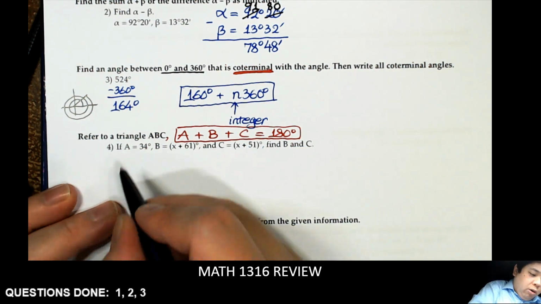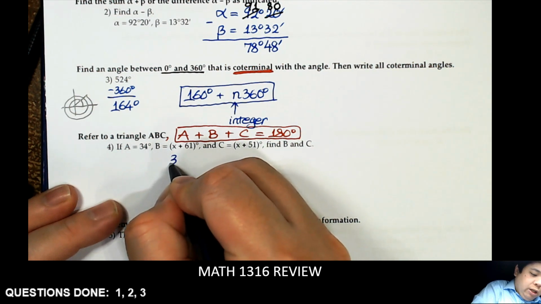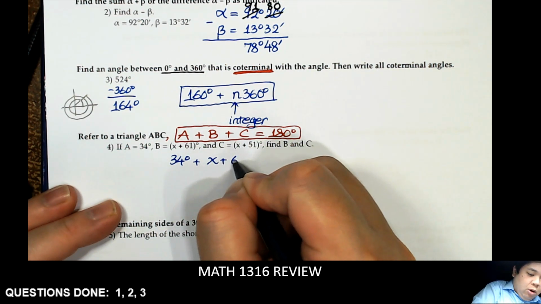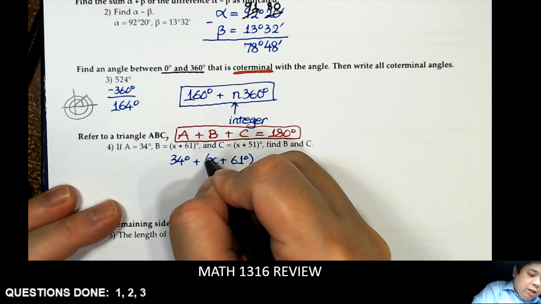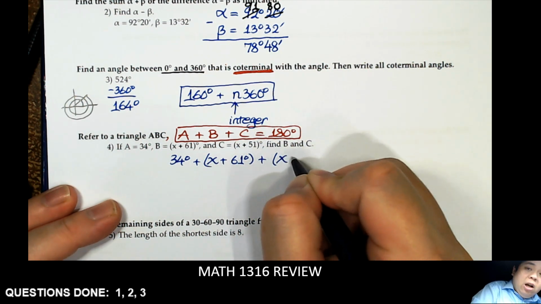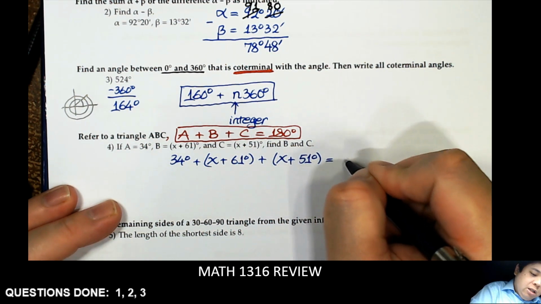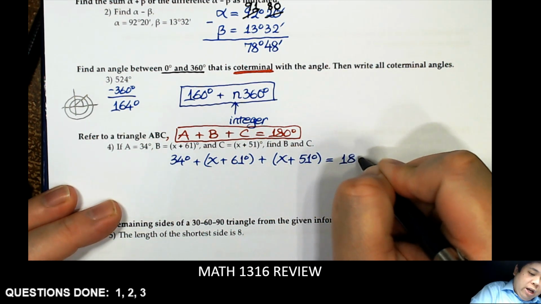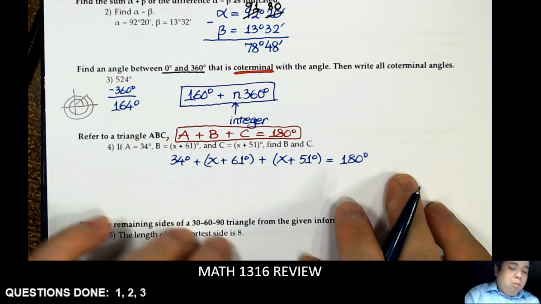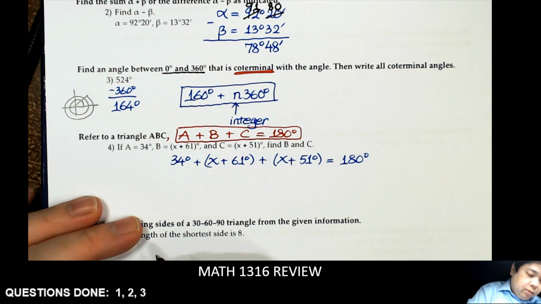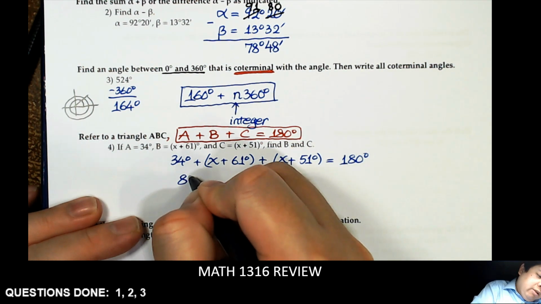Going to our problem, A is 34 degrees, B is x plus 61 degrees, and C is x plus 51 degrees, and the sum is 180 degrees.